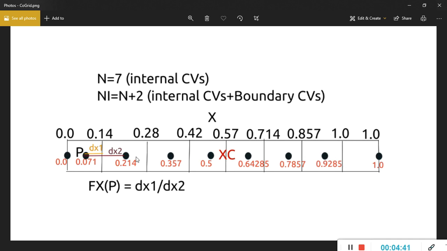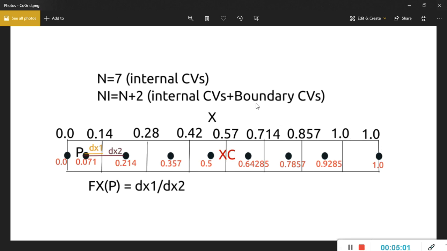So the point here is that the control volume cell centers for the boundaries will be at the first node for the beginning boundary, and the last control volume will be at the last X position.